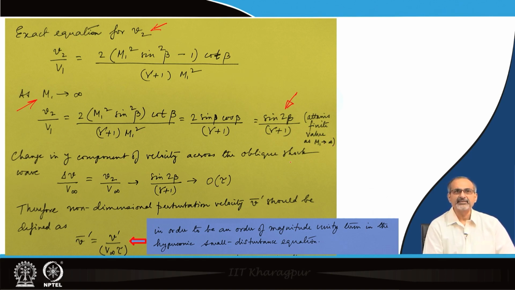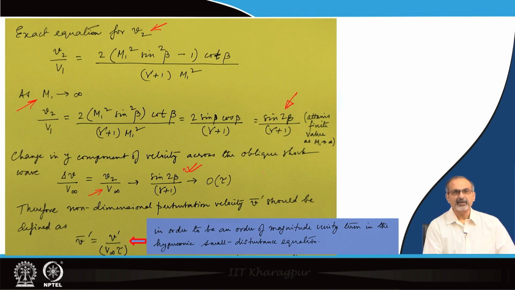This is the change in y component of velocity across the oblique shock, and there was no v upstream of the oblique shock, if you remember. Therefore, delta v is nothing but V2 itself, and when that is scaled with the free stream velocity, which in our case is V1, then it finally becomes sin 2 beta by gamma plus 1.